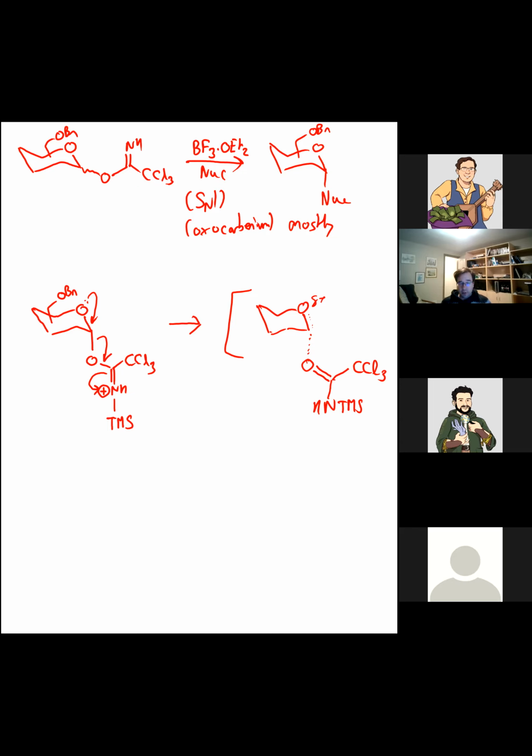It's a really good leaving group. And then our nucleophile, of course, is going to come in SN2-like and allow that to fully dissociate. Often your nucleophile will have a free OH, like an alcohol, and that's going to give you the hydrogen that will replace this TMS group.